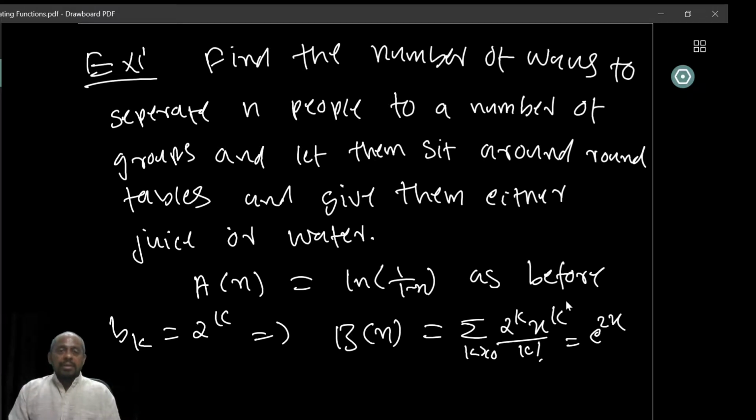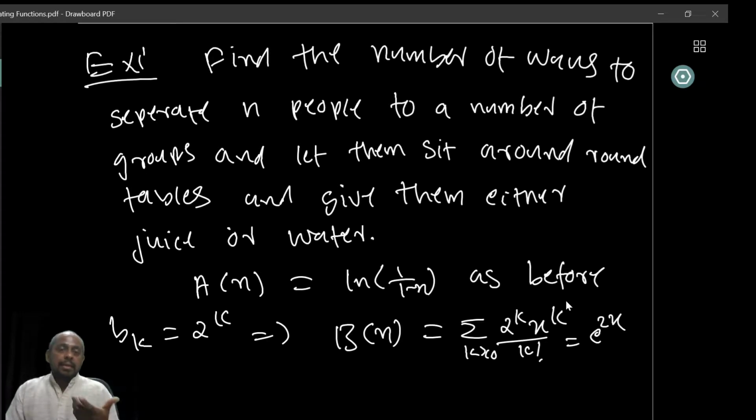So now after the partitioning, for each of the groups, we are going to give something. So therefore, if we see that b_k, the number of ways to do this for a k element set, is precisely 2 raised to k. For each table, you are going to give either this or that.